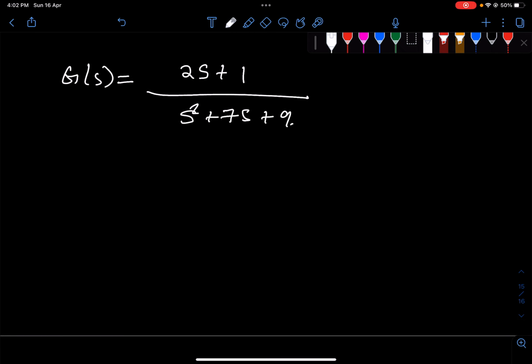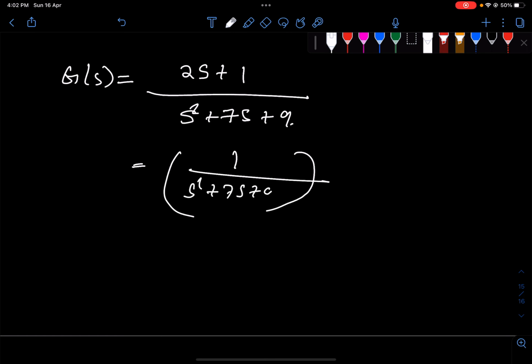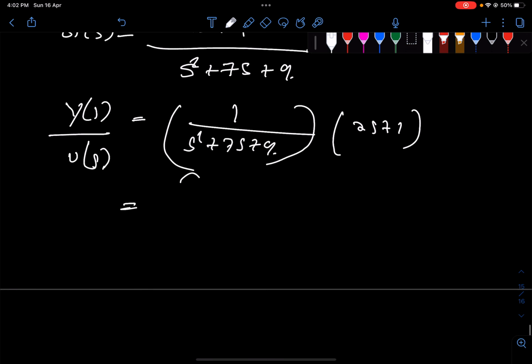What will we do in this system? We are very much expert in the transfer function only having a denominator, right? That's our expertise. So we'll split this one: only having the denominator, and the numerator 2s plus 1, and this you know as y of s divided by u of s. Then you will substitute this as what?